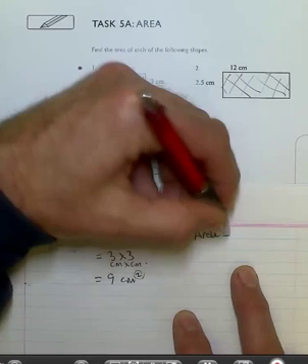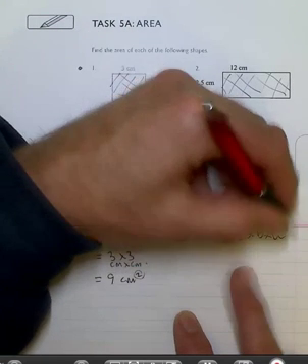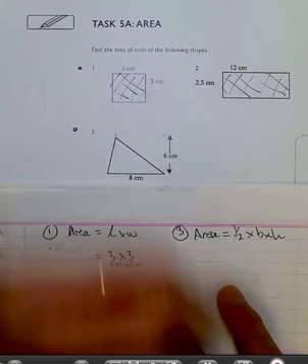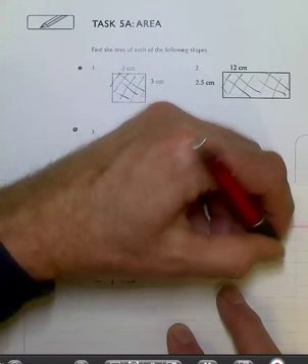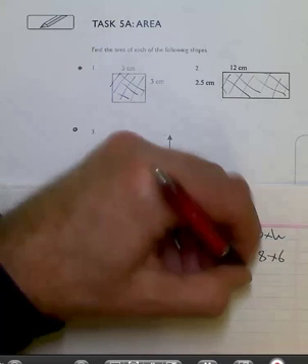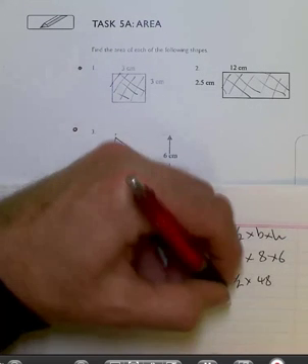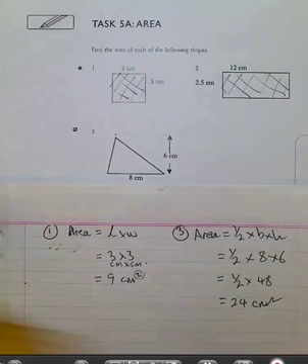It pays to really write out these formulae. So it's a half times 8 by 6. Now if you know that 6 eights are 48, you can do that and have 24 centimetres squared.